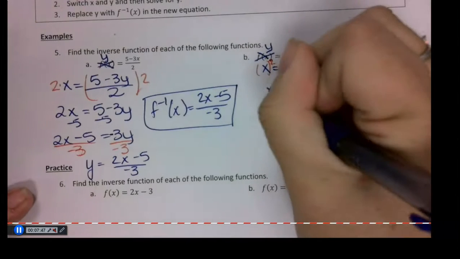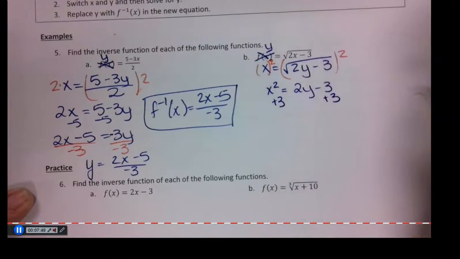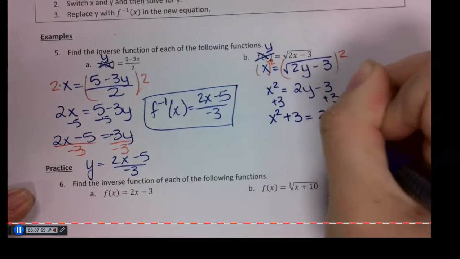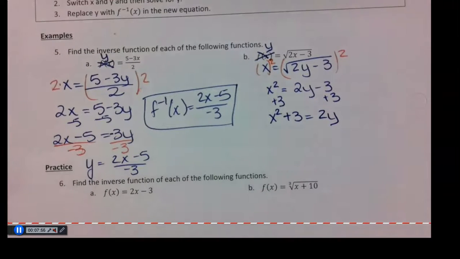So then I want to add 3 to both sides. Okay, then what do I want to do?